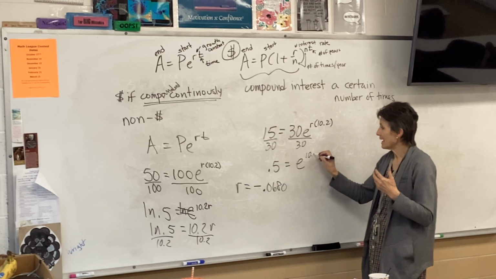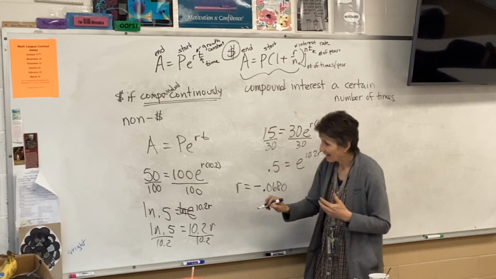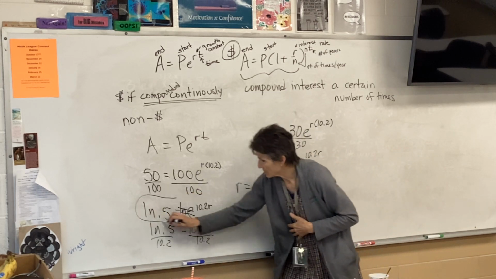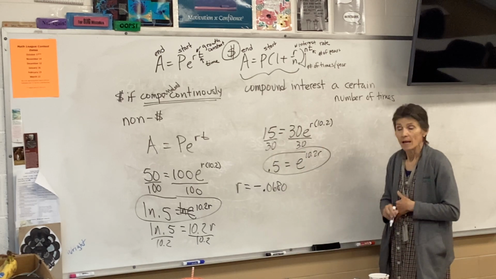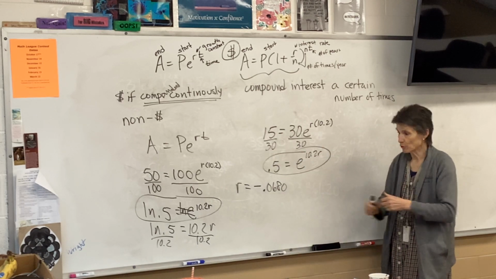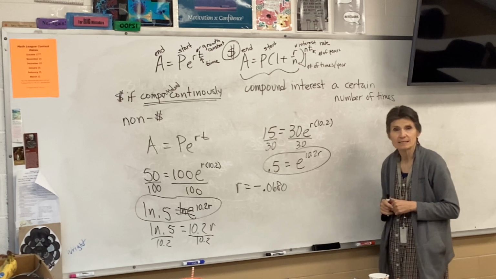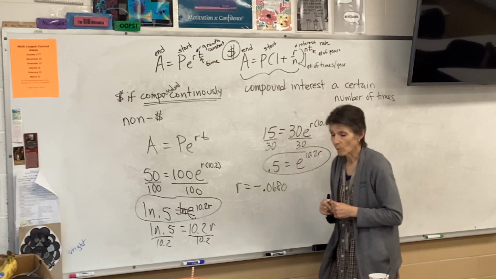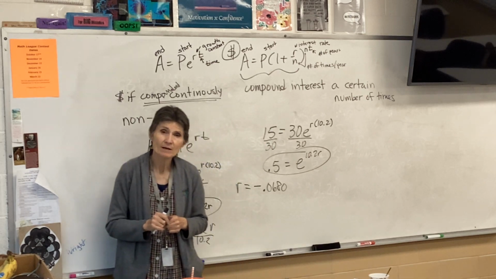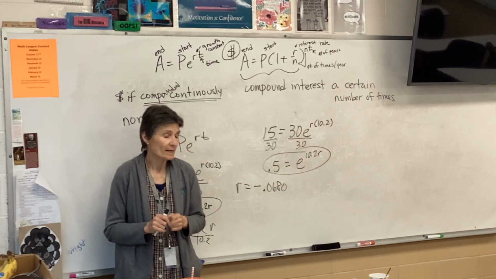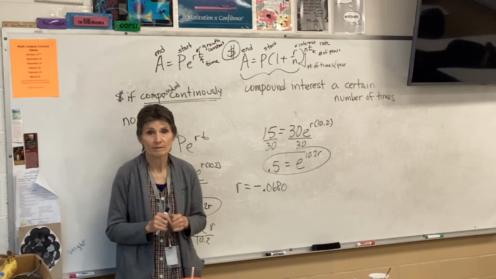And aren't we going to end up with exactly the same equation? And you're going to ln both sides, and you're going to divide, and you're going to get the very same answer I did. So if I know I'm going to end up with half of what I start with, then it makes no difference what I start with.